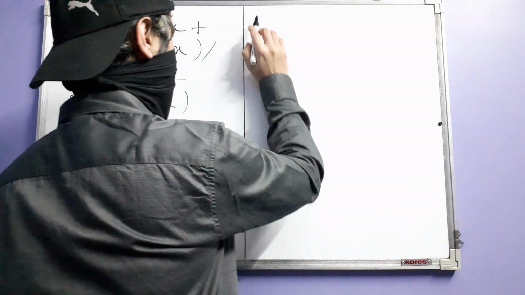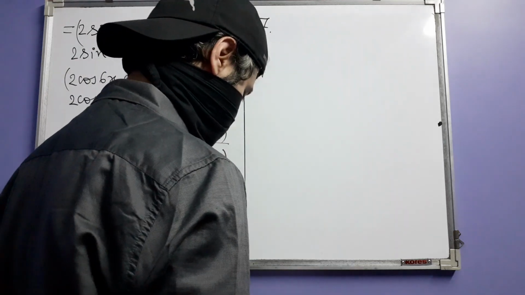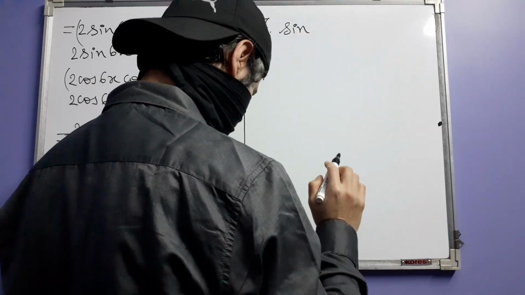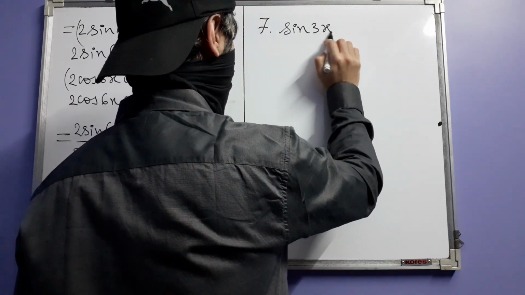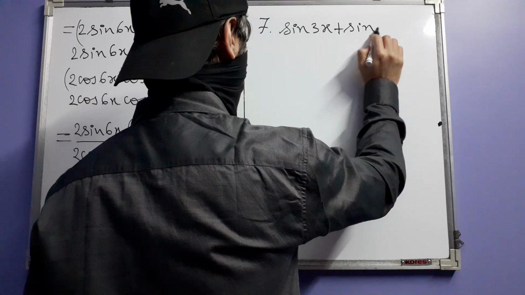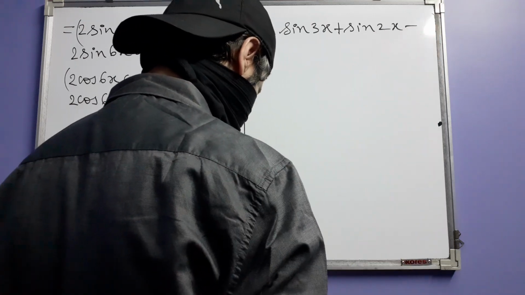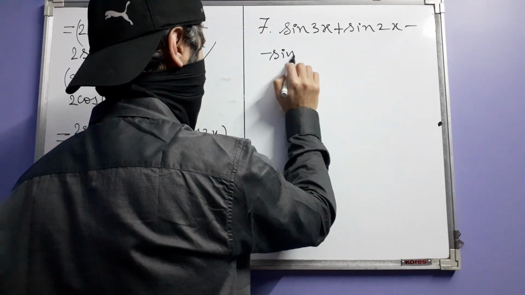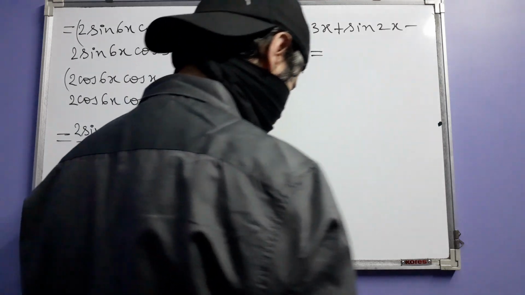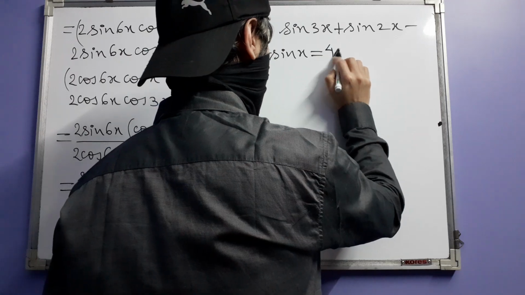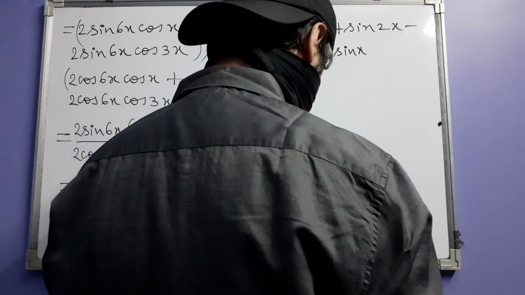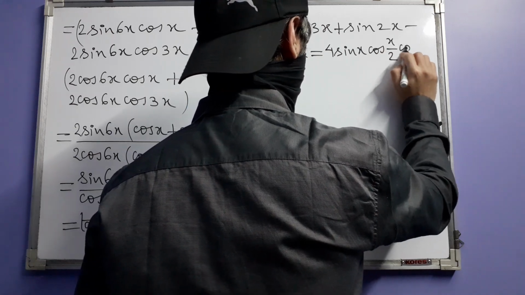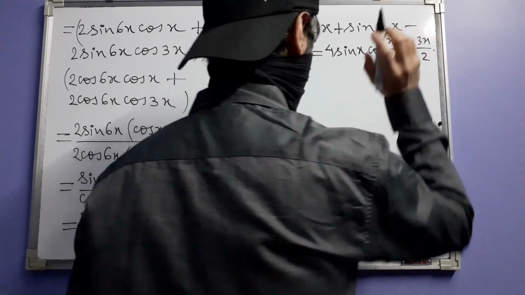Next we have another one, 7. Here also we have to prove something. So we have to prove this: sin 3x plus sin 2x minus sin x is equal to 4 sin x cos x over 2 times cos 3x over 2.